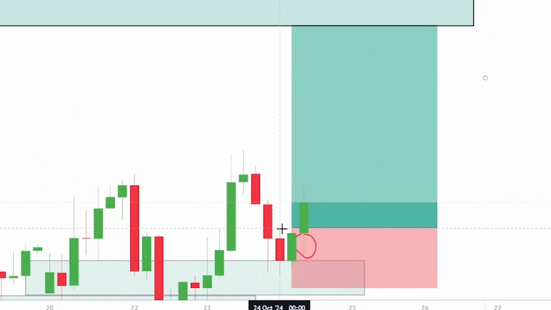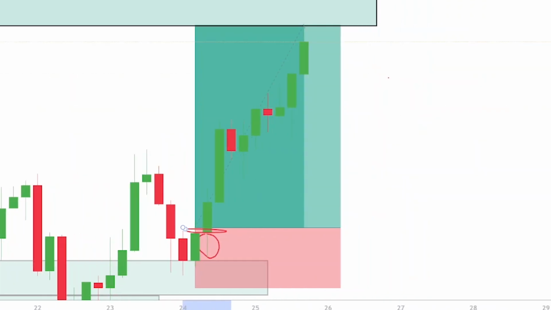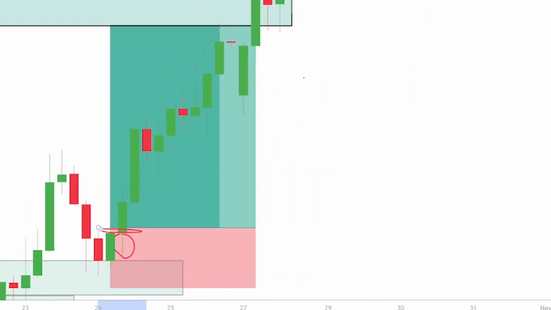Then after that, we started making a high by breaking the previous highs of the previous candle. So now we are confident that the market will continue in the upside. So now let's see. We are moving up. Then we go to our target.